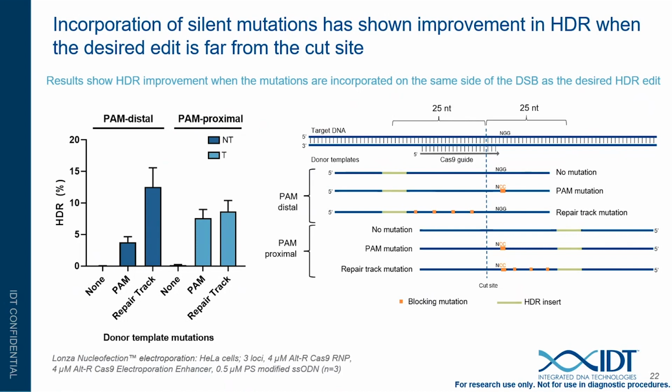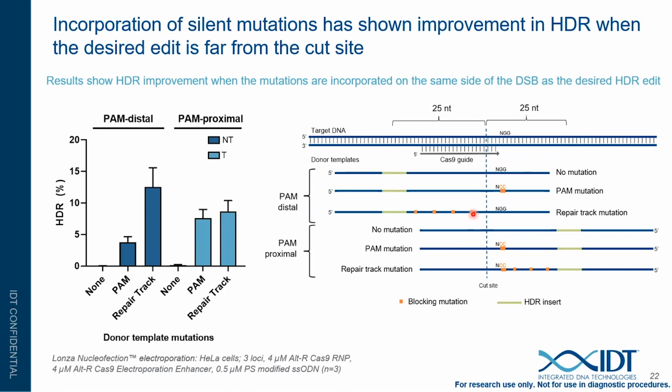So in this experiment, again, we're inserting a sequence 25 base pairs upstream or downstream, and we decided to compare donors that had no mutations, that had a PAM mutation, or that had repair track mutations that were placed on the same side of the double-stranded DNA break as our HDR edit.